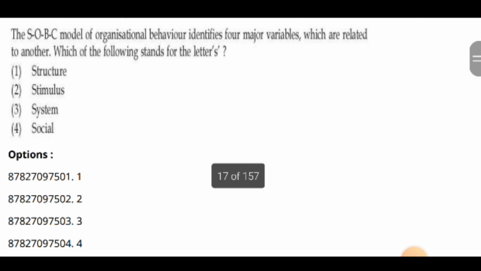But there was another question based on the same thing: what do you mean by O? It was organization or organisms. There are different O words, so it was a bit confusing. It is organisms, B for behavior, and C for consequence, which was given by Davis and Luthans in 1980.